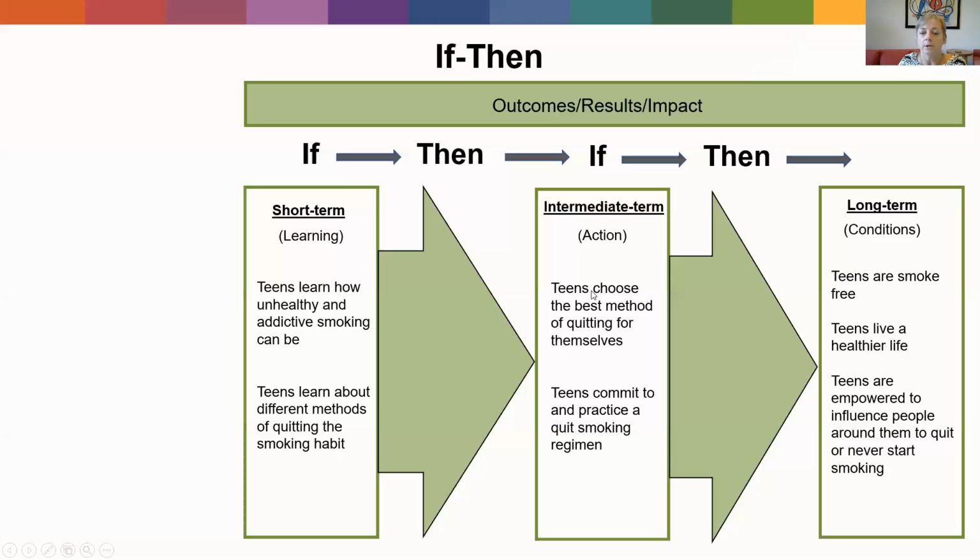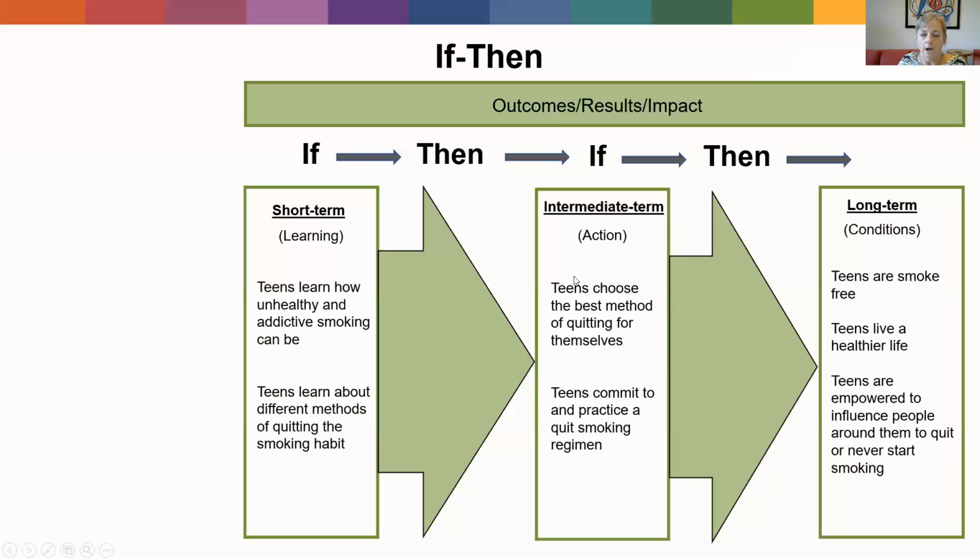The actions being the teens may be able to choose the best method of quitting for themselves. They understand it enough that they can reflect and choose what best works for them. And then they commit and practice a quit smoking regimen.